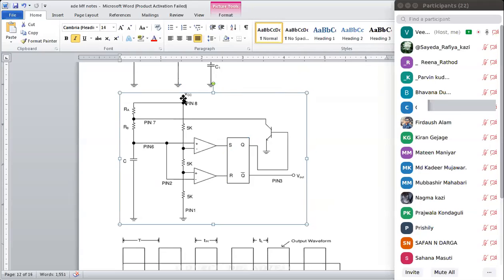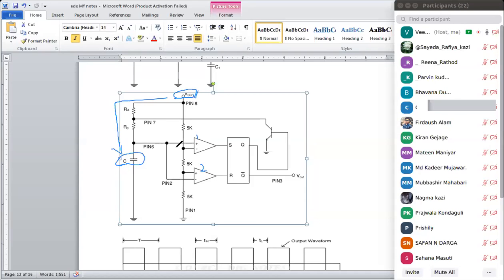There is a VCC which is supplying the current to the capacitor. So instead of discharging, the capacitor now starts charging. And then the same voltage is being given to comparator 1 and comparator 2.